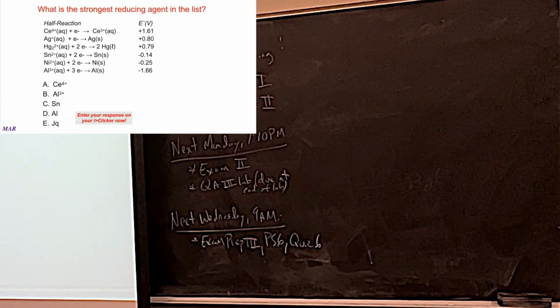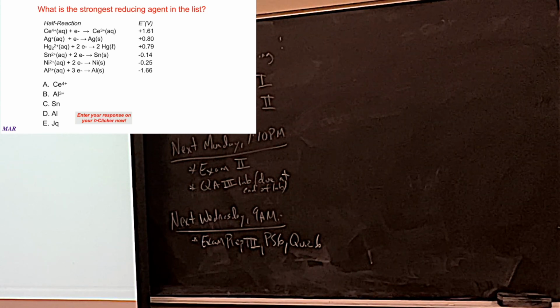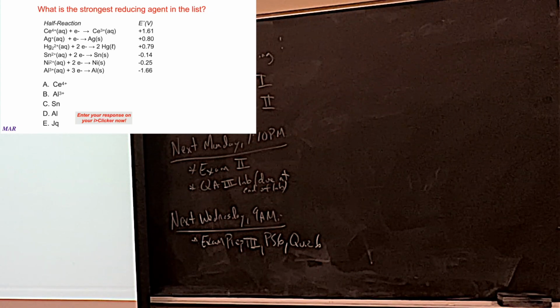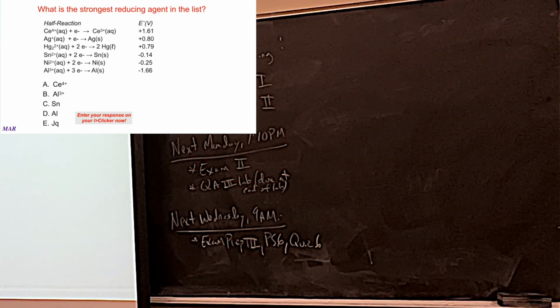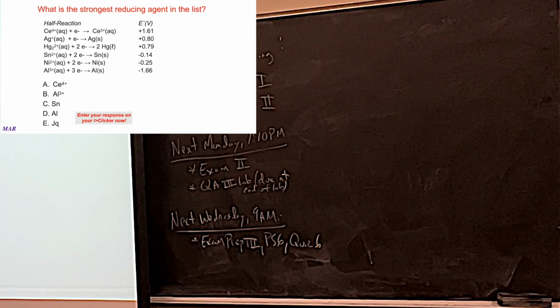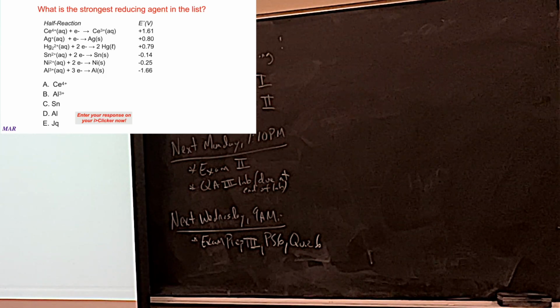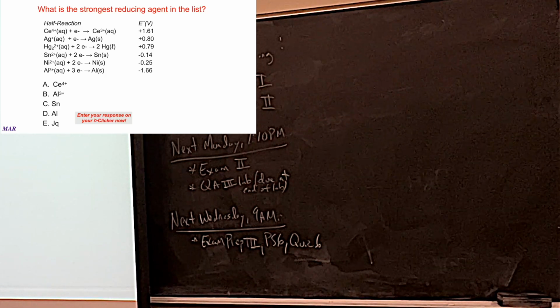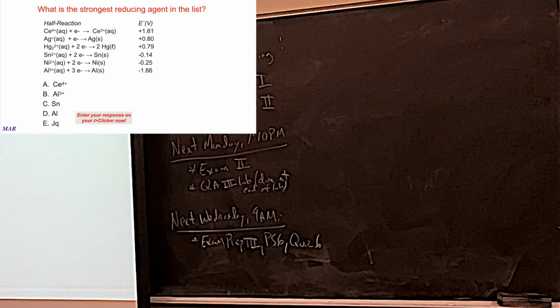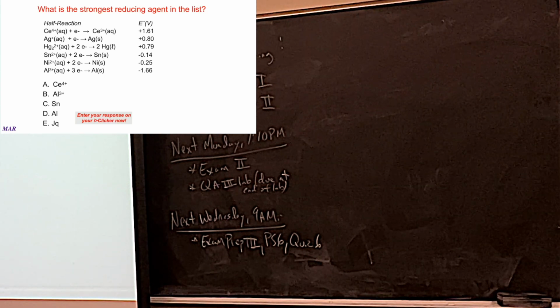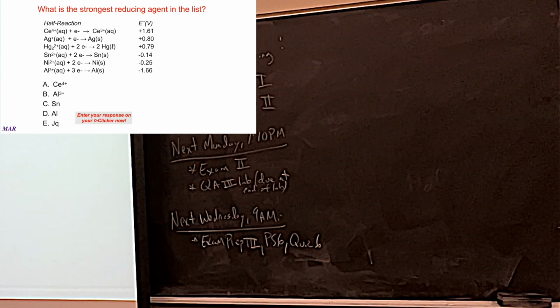Now, these reactions here are all listed as reductions. All right, electrons are being gained by the reactant to make a product. And a reducing agent is a fancy way of saying, oh, we want something that's being oxidized. So all of these as reductions aren't really going to help us. We want the opposite.